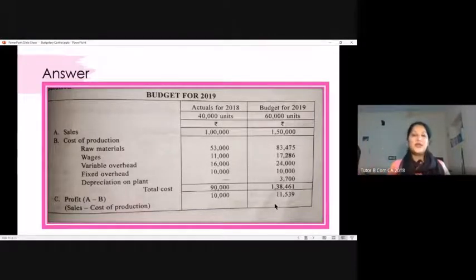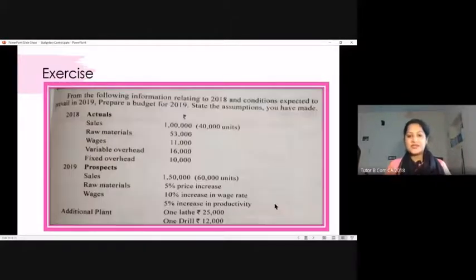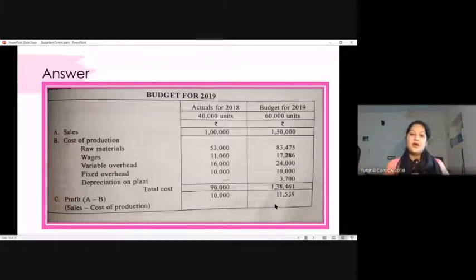So we really have to remember that all our expenses need to be accommodated with the changes that are going to happen in the coming financial year. In the question itself, we said there is an increase in wage and raw material cost, which needs to be accommodated in the expenses. That's how we prepare the flexible budget. Okay, now we are going to do this.